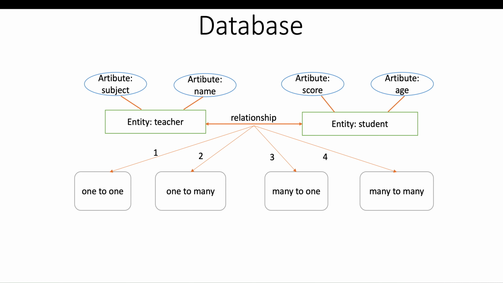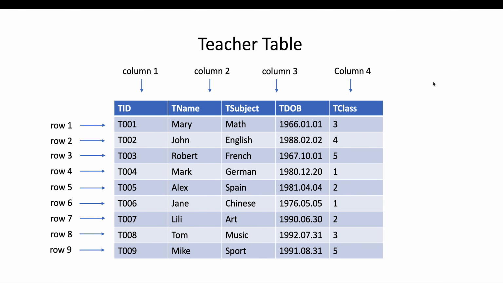But database can be a very complicated subject to teach. Here I'm just teaching a very basic relationship and a very basic table we may often use. So now I will show you the teacher's table. Inside the table, we have columns and rows.